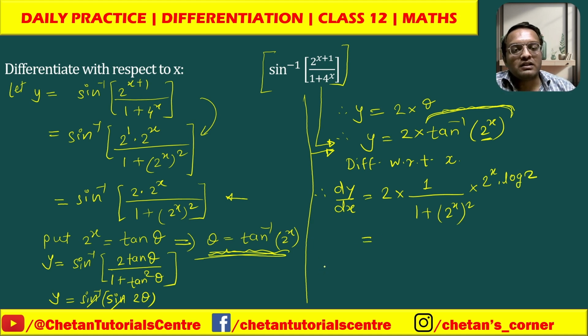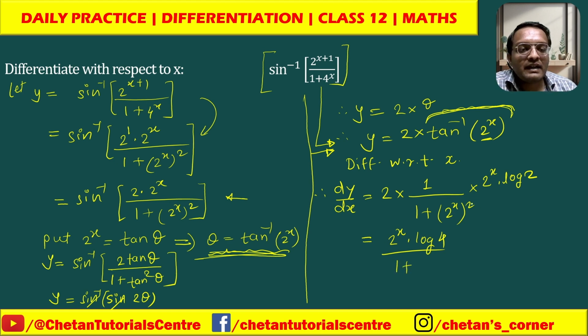Now I will solve this further. What I will get? 2 raised to x into log of 4 divided by, this 2 I will take over here, so I get 2 square, divided by 1 plus.